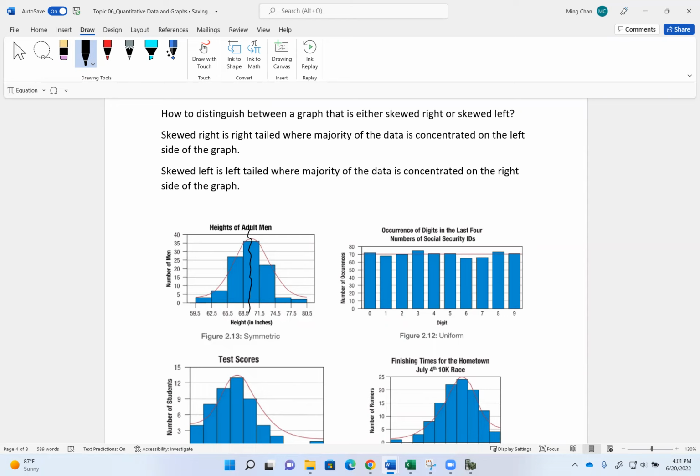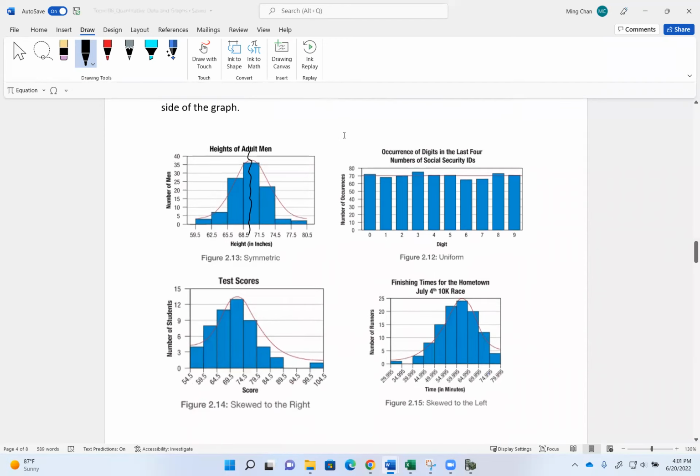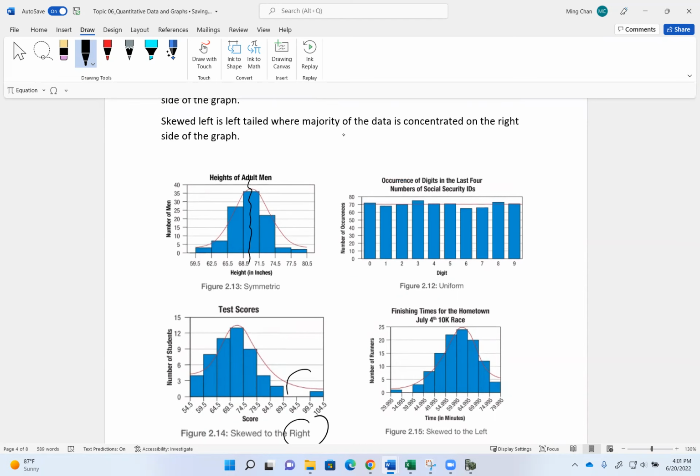Another type of distribution is called the uniform distribution, where pretty much all the frequencies occur about the same. Almost every bar is about the same height. It's called a uniform distribution. Another shape is called skewed to the right. If it's skewed to the right, that means the tail is on the right, so the majority of the data lies towards the left side.